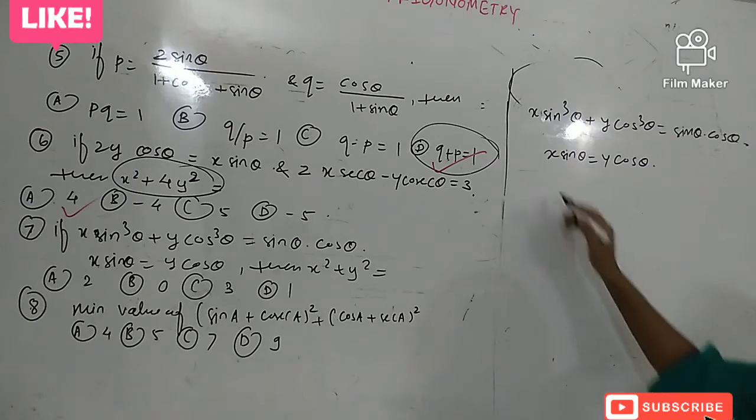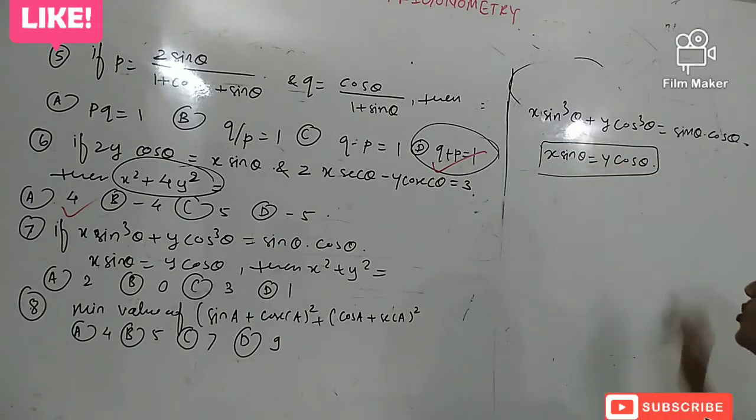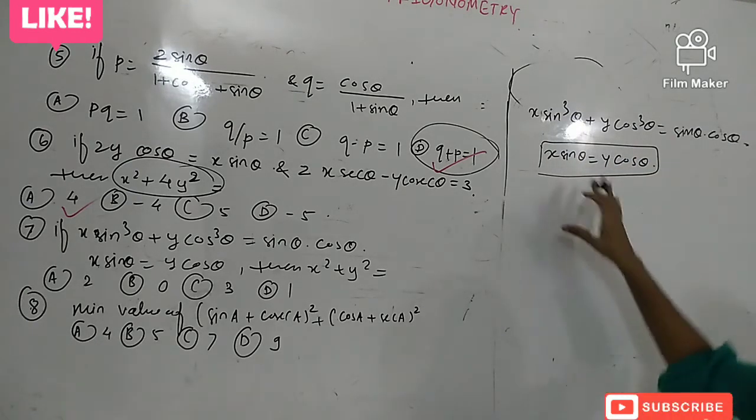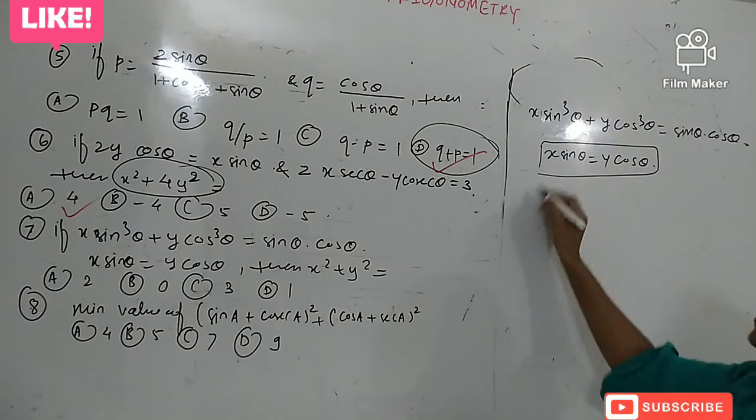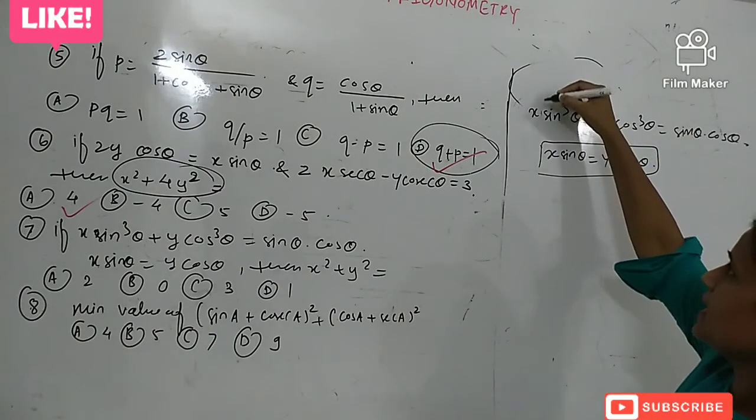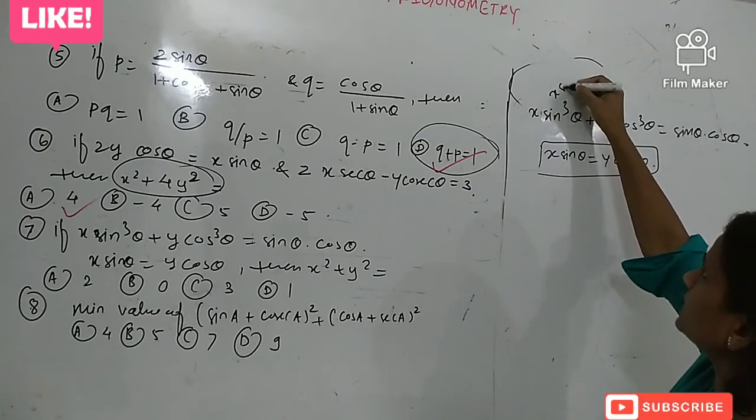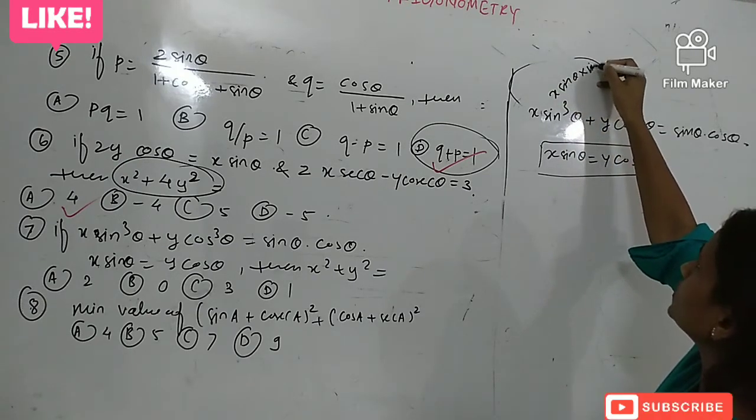So I have this value that x sine theta is equal to y cos theta, and I'm going to use this value in this equation. I can write the term x sine cube theta as x sine theta into sine square theta.